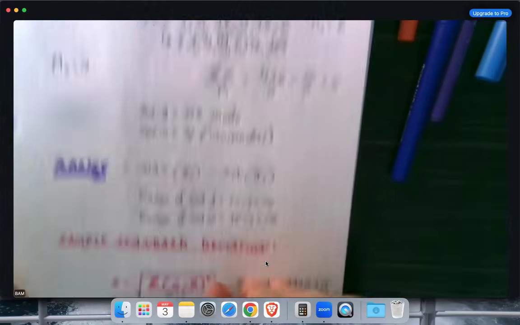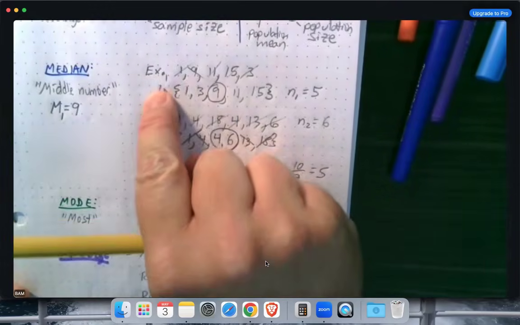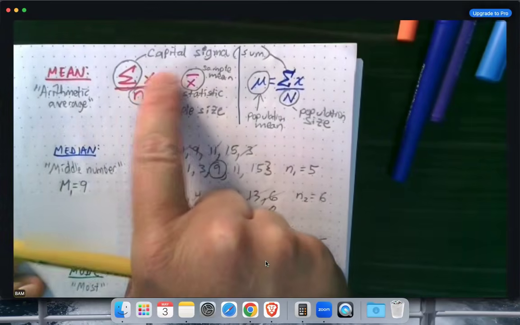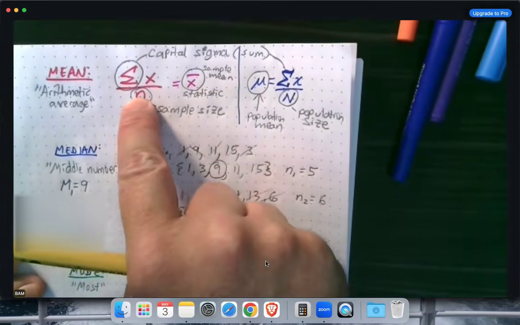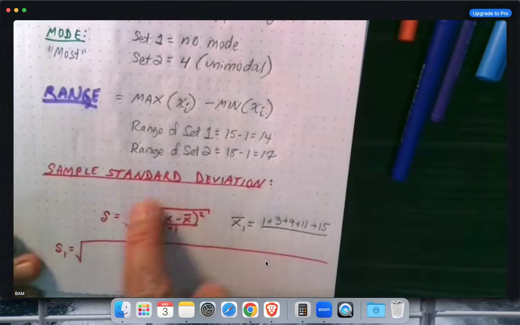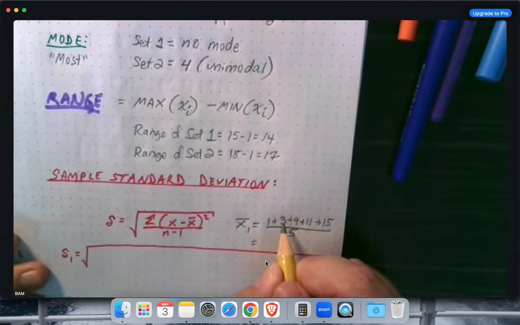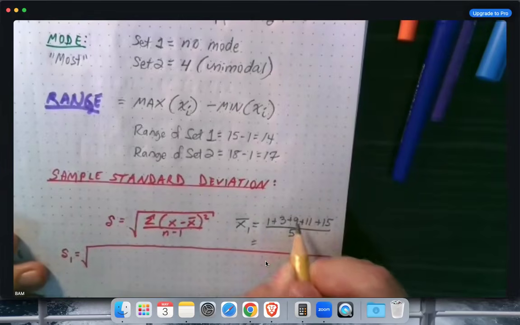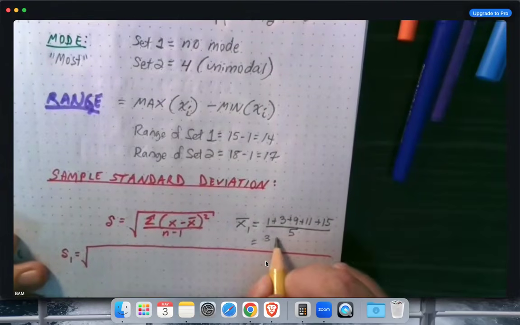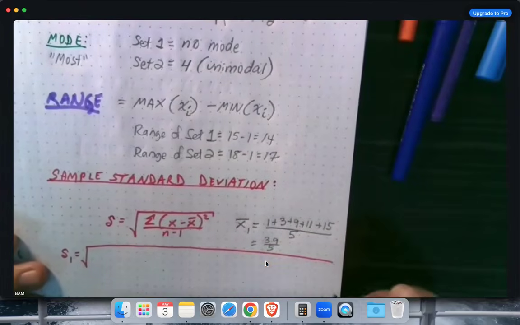Now, when I'm doing x bar, I divide by n. When I'm doing the sample standard deviation, I have divided by n minus 1, which is based on something called the Bessel correction. So 4 plus 9 is 13, plus 11 is 24, plus 15 is 39 over 5.